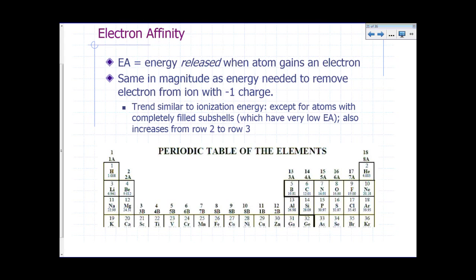So what would be the trend in electron affinity across a row in your periodic table and down a column? The trend will generally follow those for the ionization energy, because let's take a look at this one. The EA of lithium is really the same thing as the ionization energy of lithium with a negative 1 charge, right?